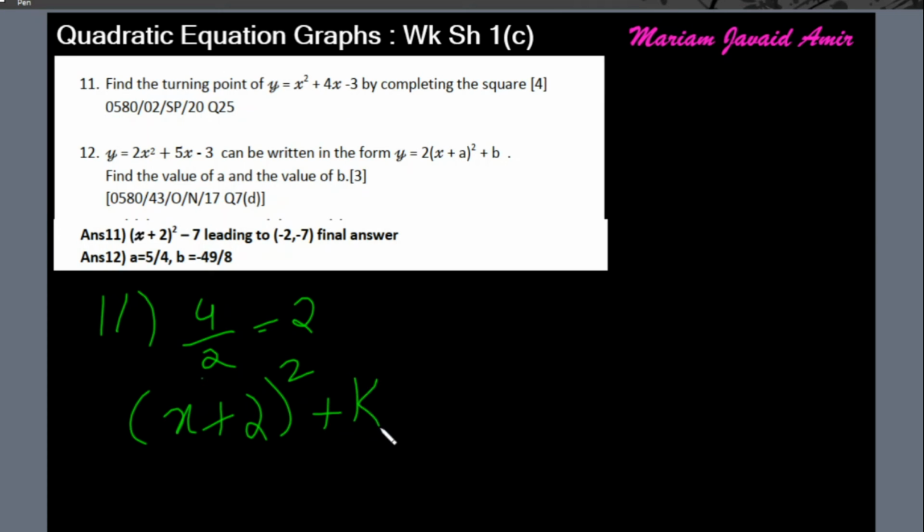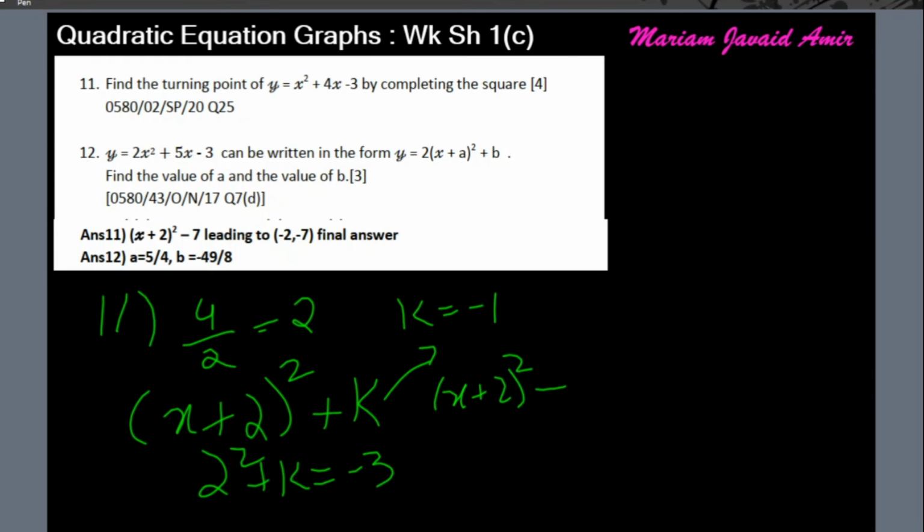To find k, we ignore this and write 2 squared plus k. 2 squared plus k equals minus 3. So k equals minus 1. So we can write this as (x plus 2) whole squared minus 1.